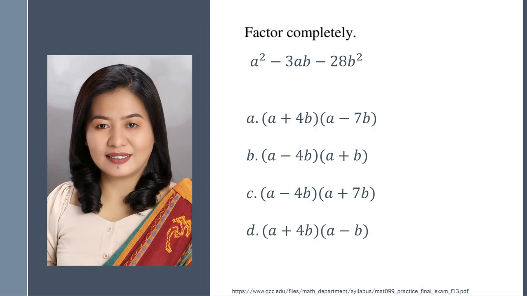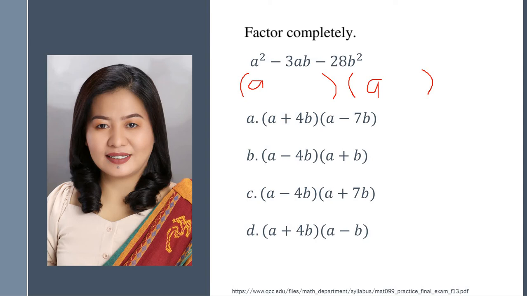Okay, next is still three terms, factors. So the same process again. We just create the parentheses, factors of a squared. That's a and a. Factors of 28 that gives you a difference.